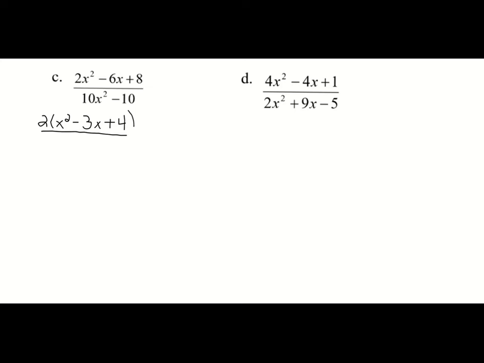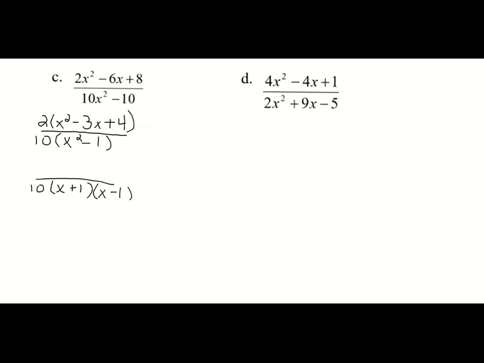And then on the bottom, I can pull out a 10, and that will give me x squared minus 1, which on the bottom, I see right away, difference of perfect squares, so it'll factor to x plus 1, x minus 1.